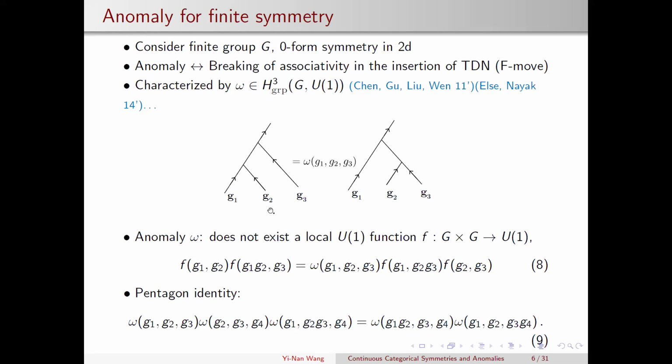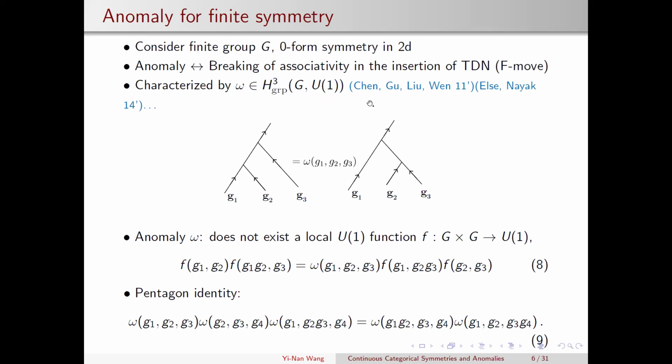And because the order of composition is different, there could be a non-trivial U(1) phase factor ω from the left to the right. And when there does not exist a local U(1)-valued function f from G times G to U(1) that cancels this ω term, we will say that there's an anomaly, 't Hooft anomaly, involving the global symmetry G. In that case, ω also corresponds to an element of the third group cohomology of G taking value in U(1).